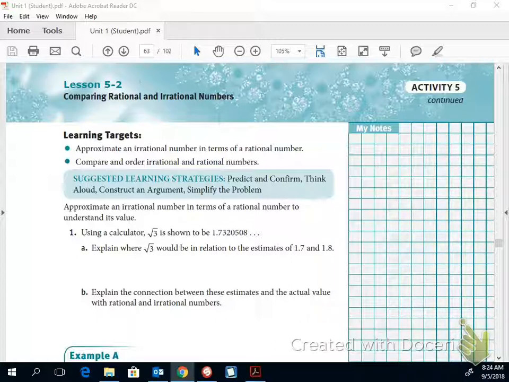If you were asked, in relation to here and here, where does it fit? Is it closer to 1.7 or 1.8? 1.7. Okay, why? Because the 3 behind the 7 is under the 5, so you can't round it up. Beautiful. This 3 right here tells you that it's closer to 1.7.